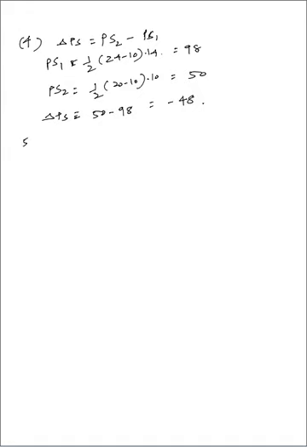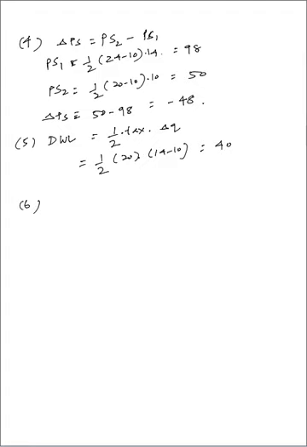Deadweight loss is nothing but half times tax into delta Q. So half times 20 into 14 minus 10, that is 40. Then the share of tax burden, that is revenue.